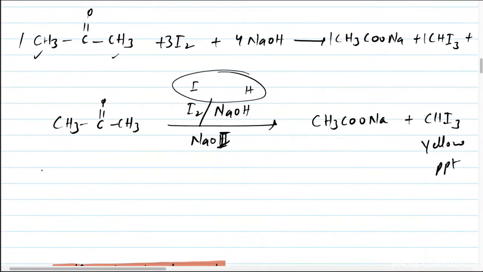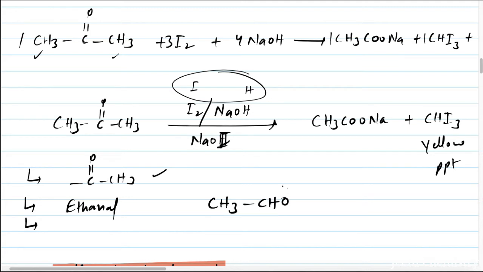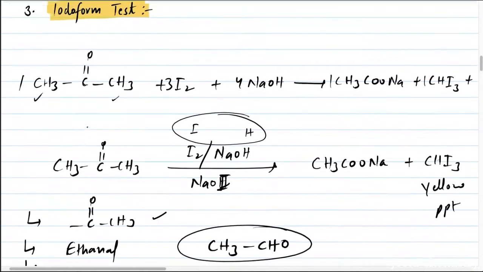These are again some important terms. Number one term in iodoform is that a compound having C double bond O with CH3 confirms this test, meaning a single carbon on either side of C double bond O confirms this test. Okay, this is quite interesting. Ethanol confirms this test. Ethanol has CHO, but still it confirms the iodoform test.